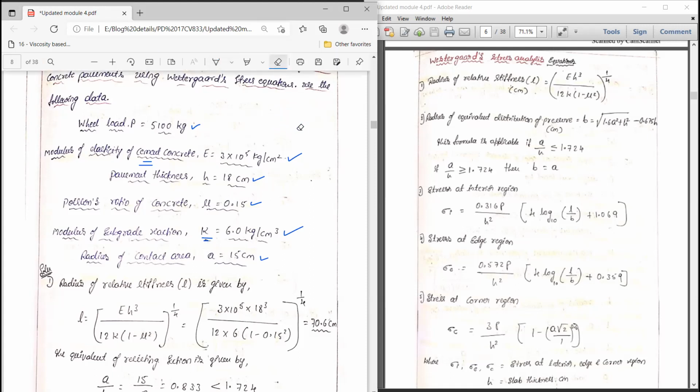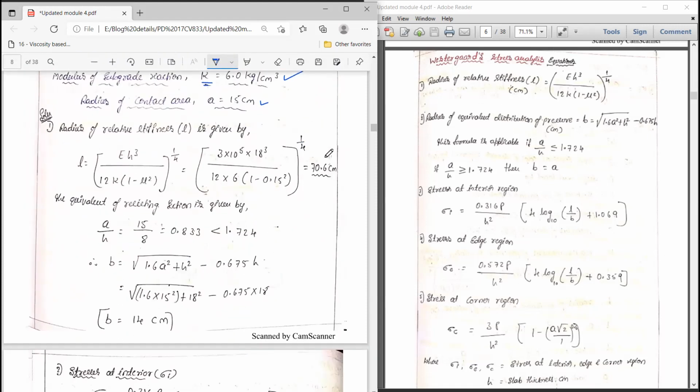In order to calculate that, Westergaard has given different sets of formulas. You can see the right tab of my screen. The first step is to calculate the radius of relative stiffness, given by the formula l equals E h cube divided by 12 K into 1 minus mu square, to the power of 1 by 4.